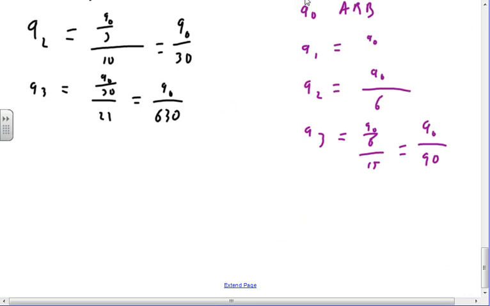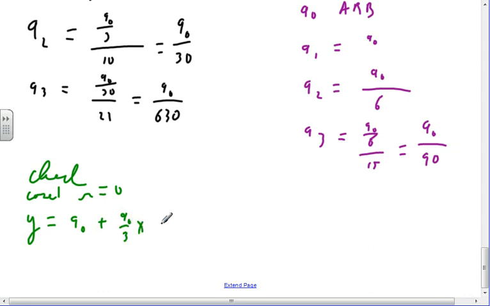Okay, so now we're going to check, for case 1, r is equal to 0. So y is going to be a0 plus a0 over 3 x plus a0 over 30 x squared plus a0 over 630 x cubed.